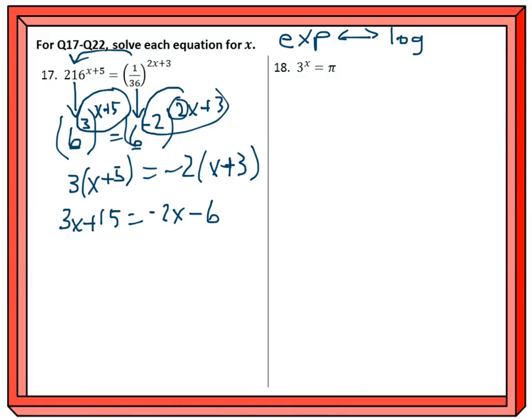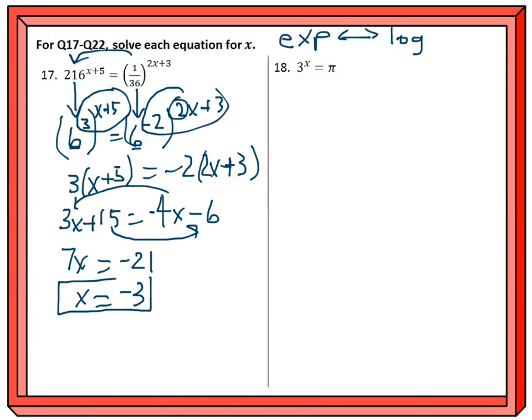Oh, whoops, this was a 2, which means this is actually not a 2, that is a 4. Okay, that's better. And now just get the x's on one side, so I'm going to add these over here, and I get 7x. Subtract the 15 over equals a negative 21. Divide by 7, x is equal to negative 3.